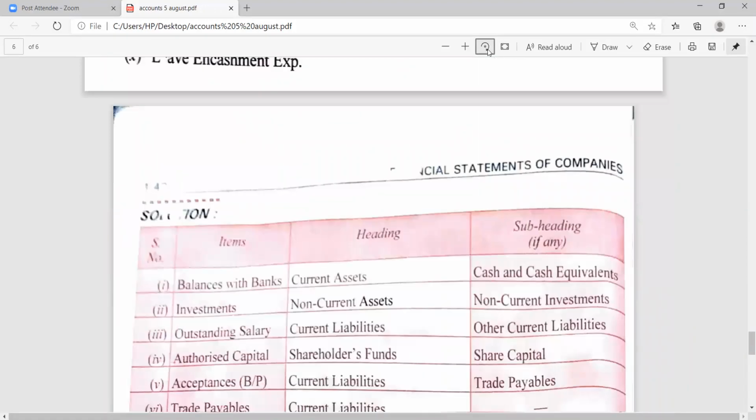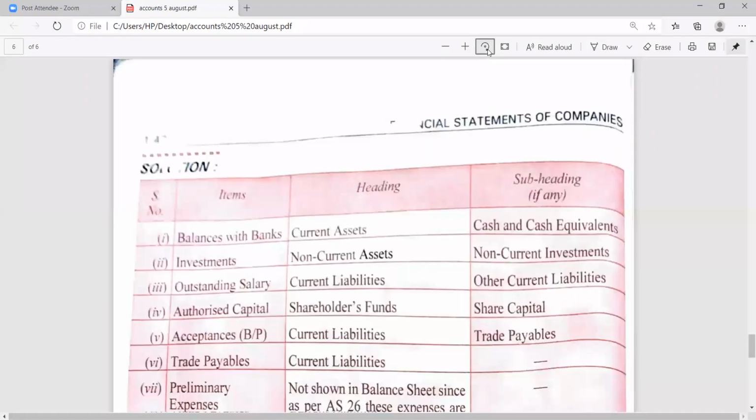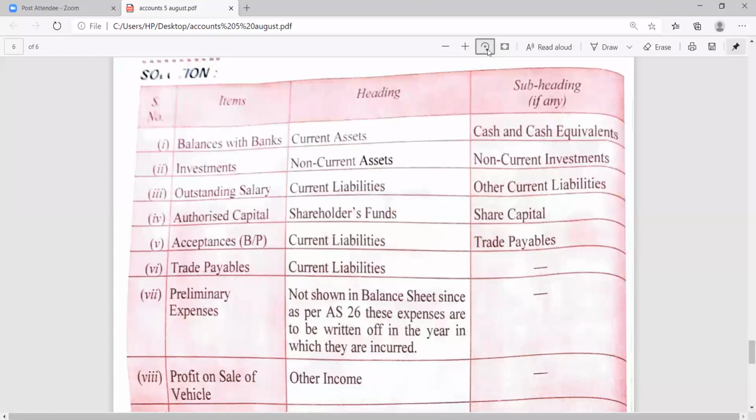We have to show the major headings as well as the subheadings. Balance with bank is shown under the heading of current assets, with cash and cash equivalents as the subheading. Investments: non-current assets, with non-current investments as the subheading. Outstanding salary: current liabilities, with other current liabilities as the subheading.